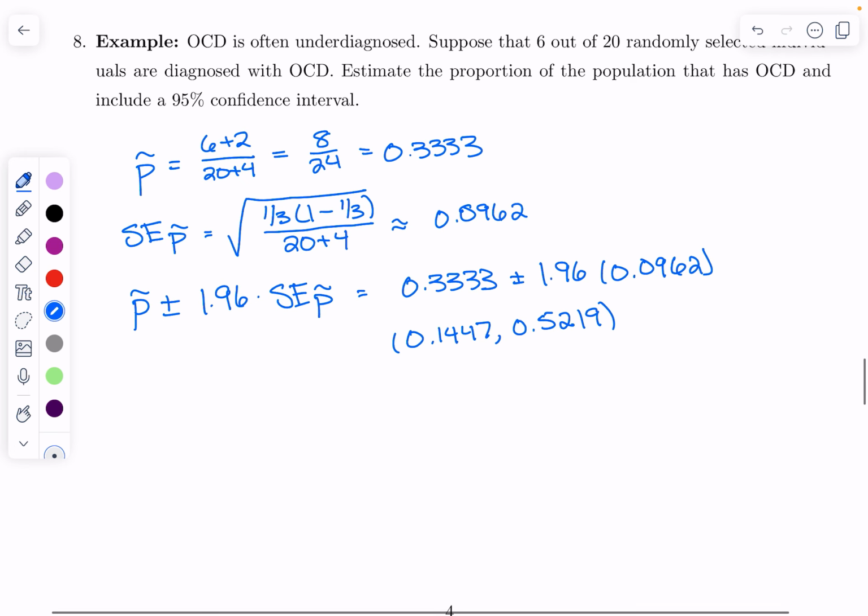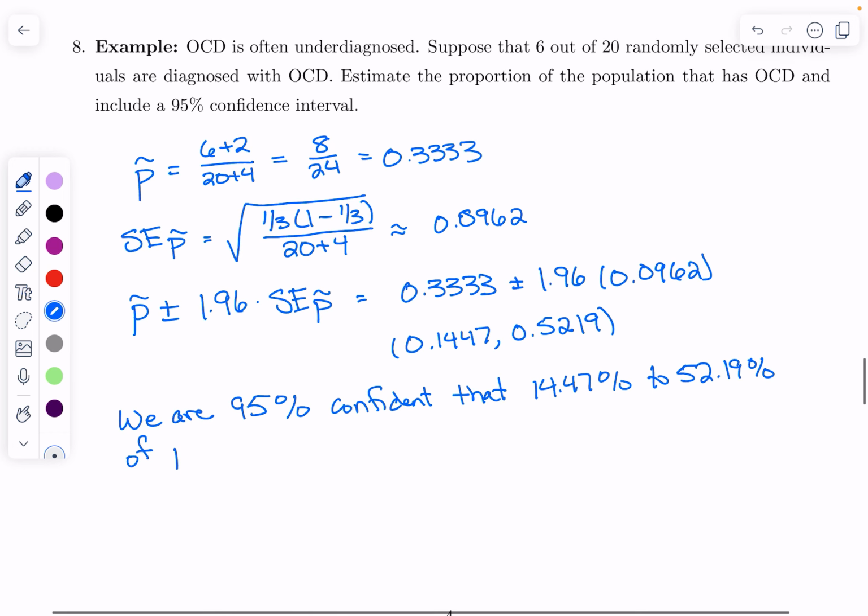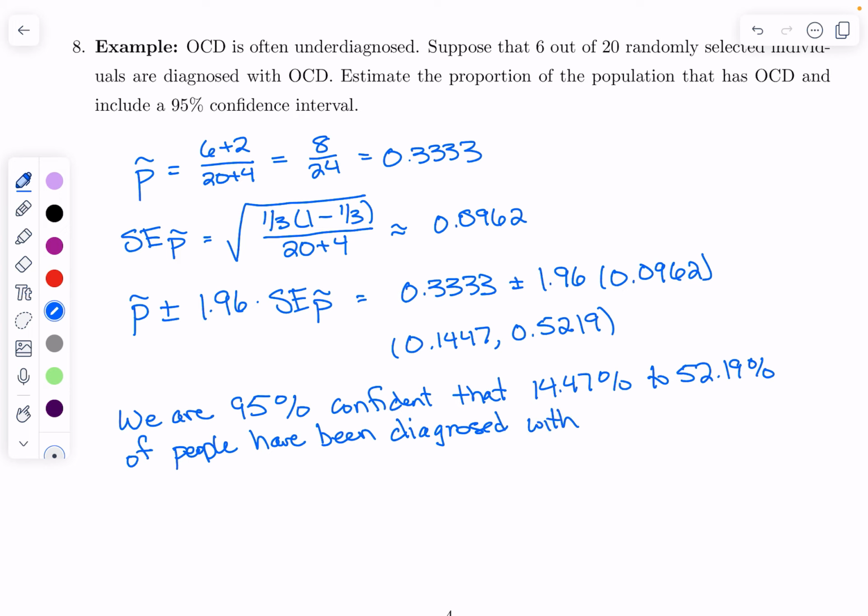So based on this sample, we would say we are 95% confident that 14.47% to 52.19% of people have been diagnosed with OCD. And there you have it.